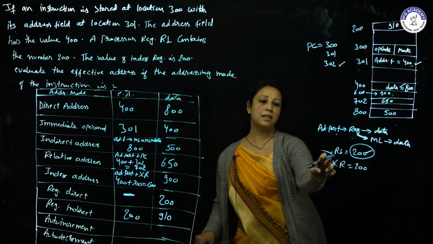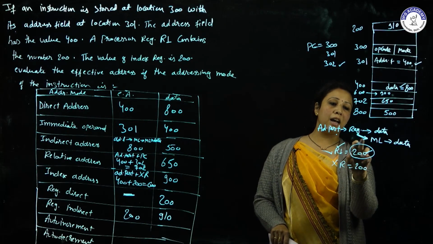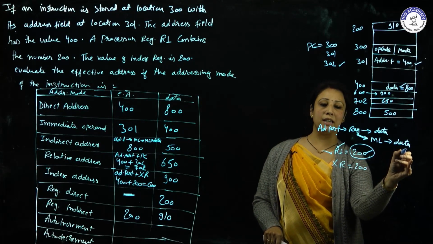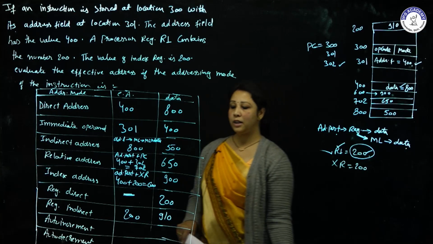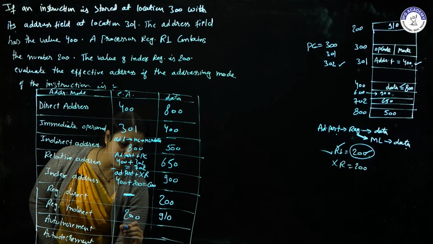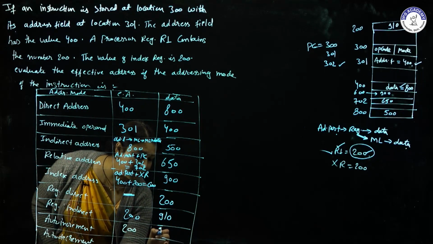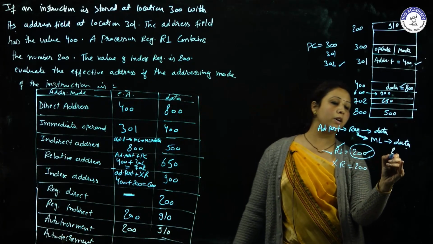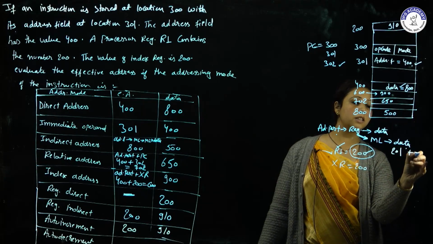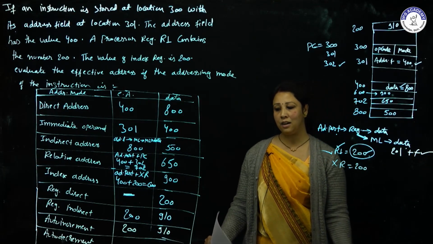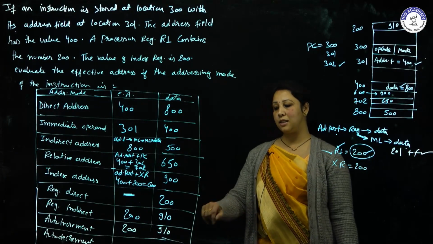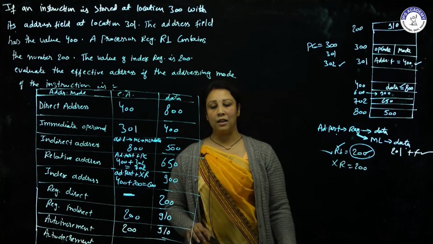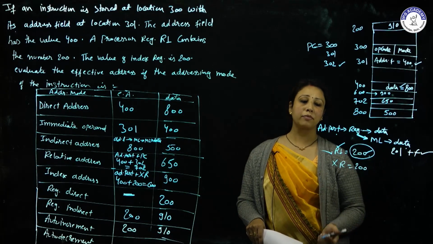Here is the address of R1. Then R1 contains a memory location, that is 200, and 200 contains the data. So in auto increment mode, the effective address is 200 and the data is 910. After that it is incremented to 201. So increment happens after accessing the data. First we access data from this 200 memory location, then it is incremented by 1.